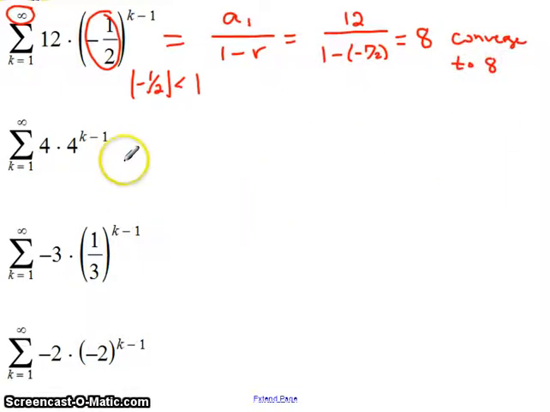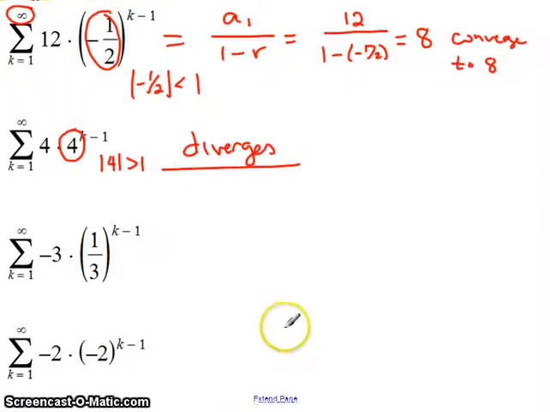How about here? Well, we don't really want to do anything because the absolute value of 4 is greater than 1, and we know that this is going to just continue to grow forever. And so we would say this sum diverges, and we'd be done.